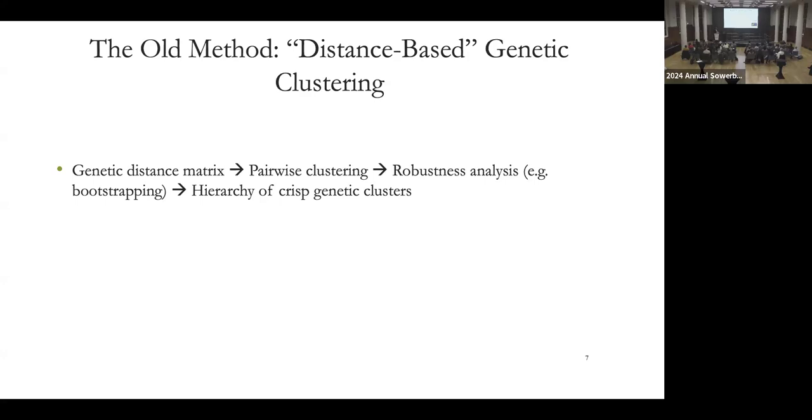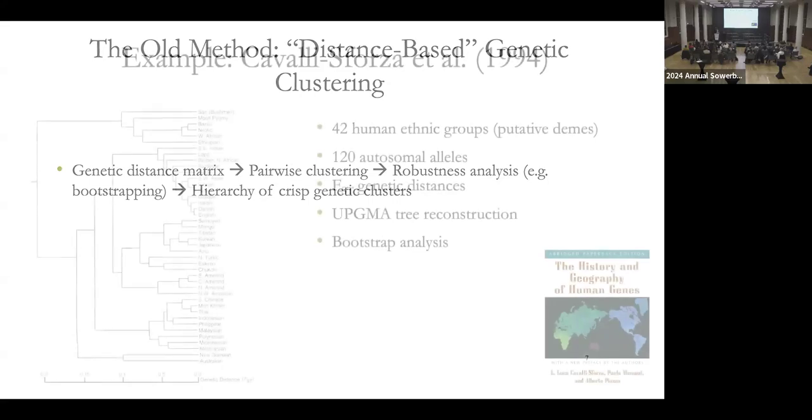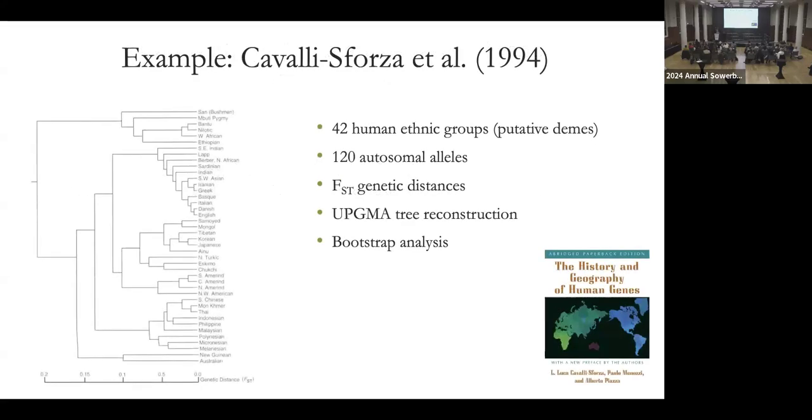Cavalli-Sforza actually was a noted population geneticist at Stanford, although I didn't overlap with him when I was there. It just gives a little information on the input of the method, and the output would be a hierarchy of crisp genetic clusters. There was no such thing as having mixed groups of organisms in your clusters. And of course, this is an example where they're sampling people from the human species.